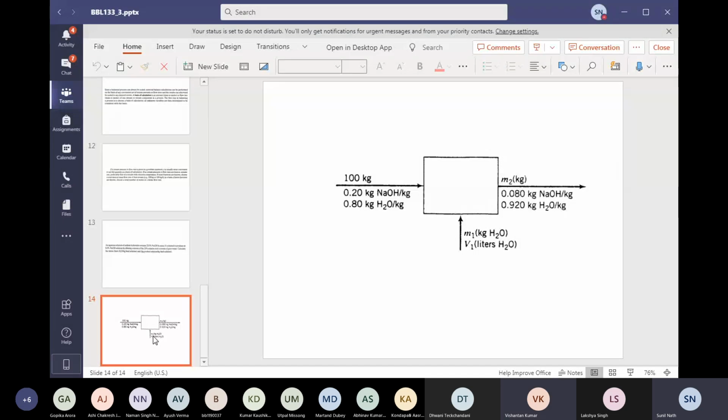Right. So you will get 150 kg per 100 kg, so 1.5 kg of water per kg feed solution. And also, you know the output M2 was 250, so 250 divided by 100 was the grams of product per gram feed solution.